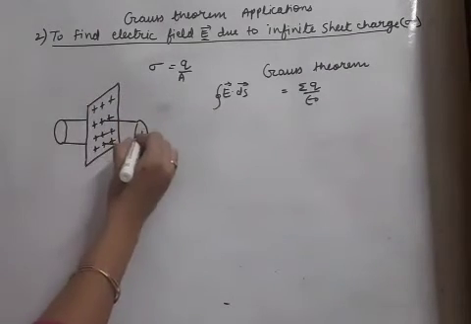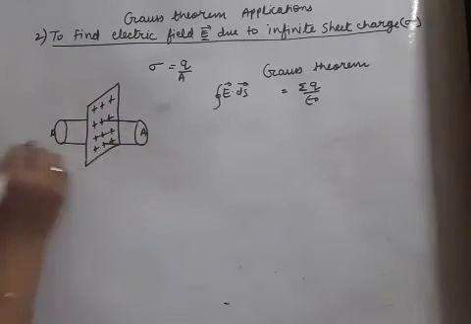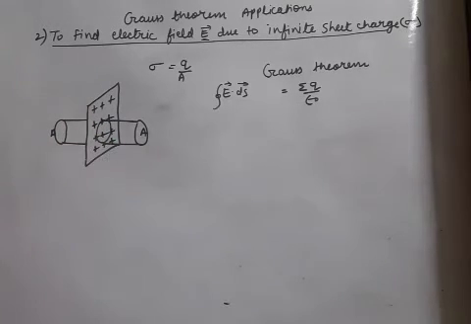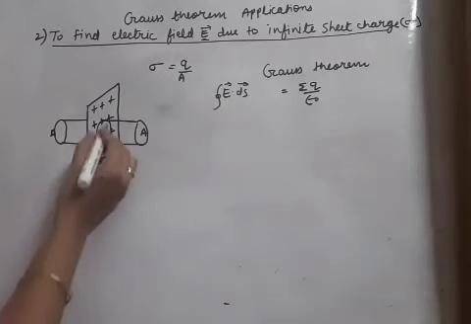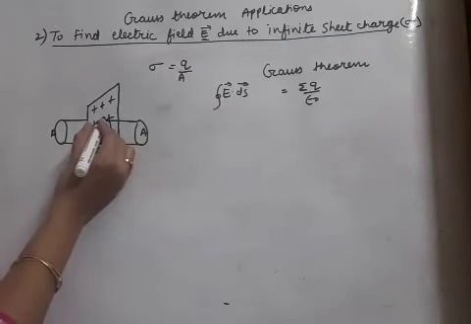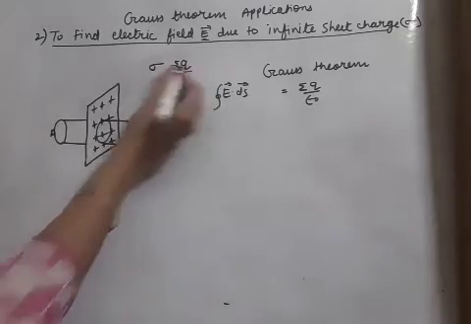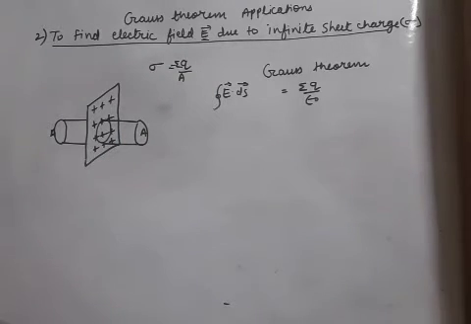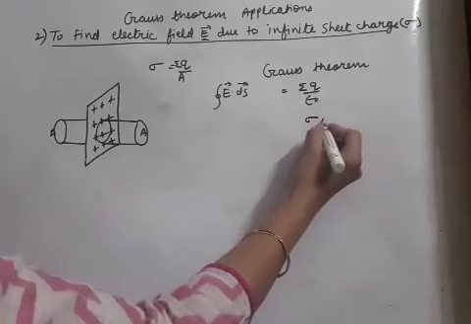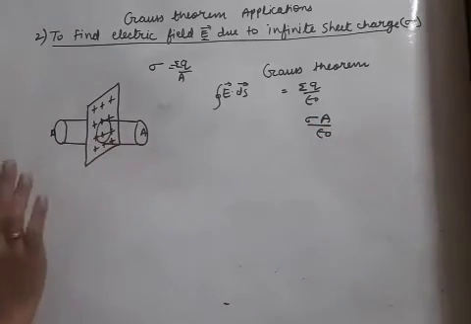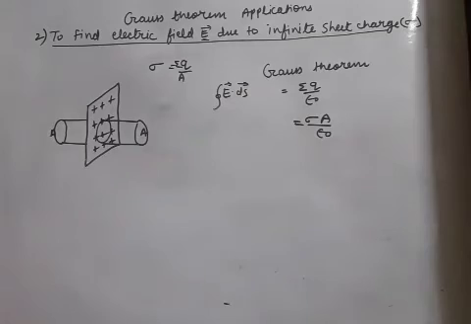So suppose that area of the cylinder, on both sides, is A. So here also an area A of the sheet is enclosed, you can see. So what is the total charge enclosed inside? That will be sigma into area. Which area? Area of the cylinder. Okay. This replacement we have to do.